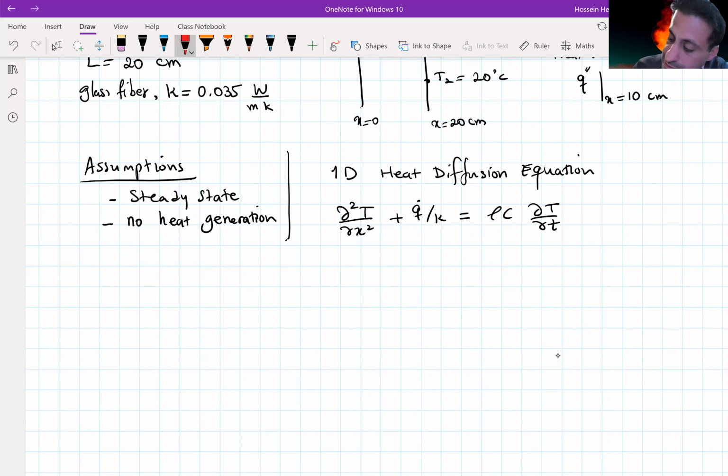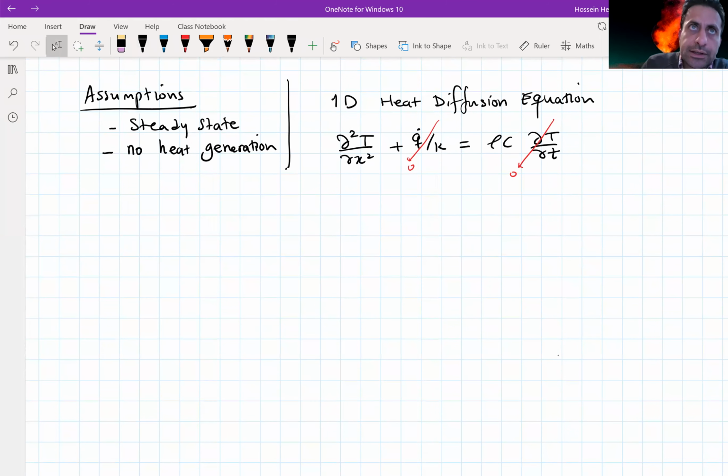Now, since this is a steady state, this term is going to be 0, and with no heat generation, this term is going to be 0. So we simplify this equation based on these two assumptions. What we end up with is d²T/dx² equal to 0.